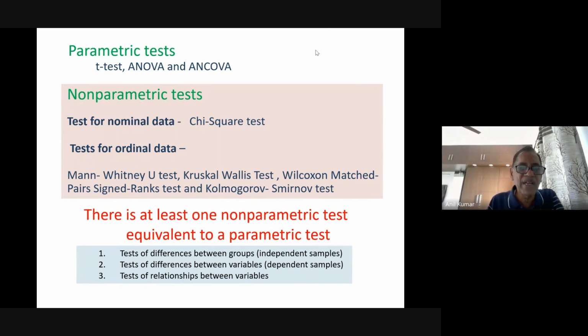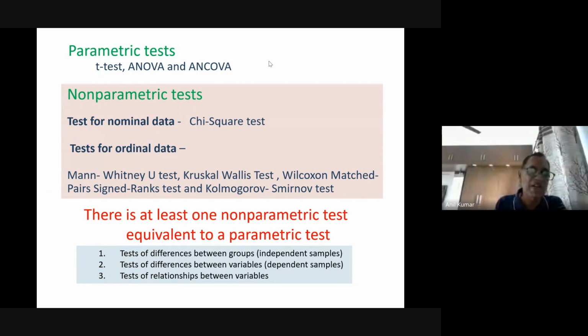When our data is ordinal, again let me repeat it, ranking of the data is available. Actual scores are not given to us. We do not have availability of actual scores. Only ranks are available, that is, the rank order of the students, the rank order of the respondents with whom we have collected the data.